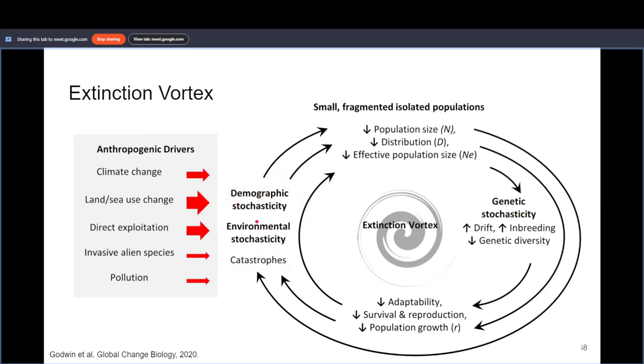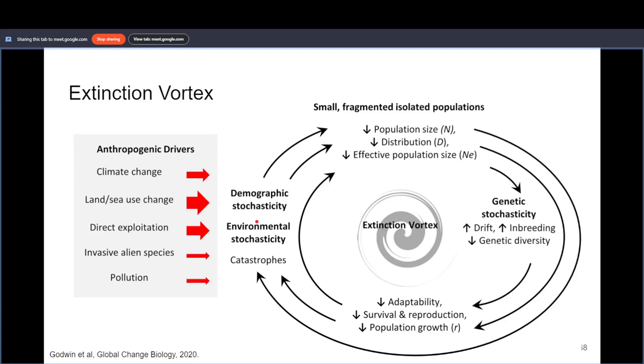So basically the extinction vortex describes a scenario where environmental, genetic, and demographic forces interact through time to drive a population towards extinction, right? And because these biotic and abiotic factors have an amplifying effect, there is a feedback loop, and it's called a vortex because all your organisms get sucked into this vortex and they are unable to get out of it, right?